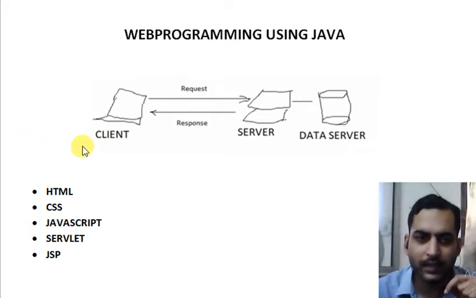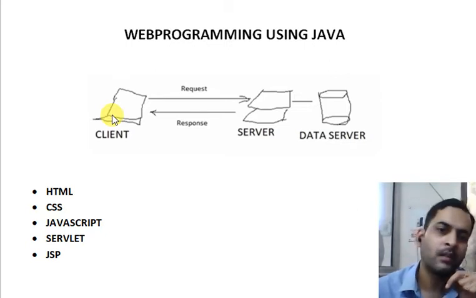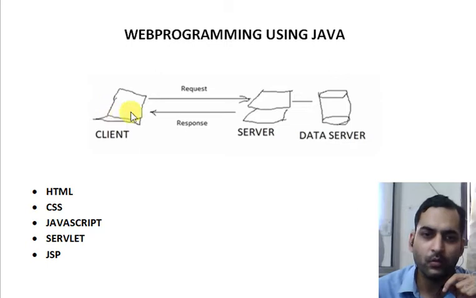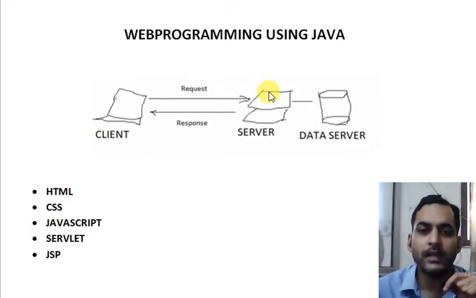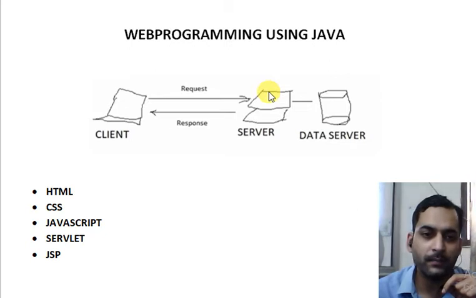In client server architecture, basically the client or web browser sends a request for some web page. That request goes to the web server, then the web server processes that request. If it is a static page, then it sends the page to the client.